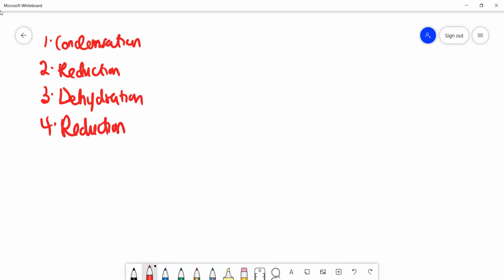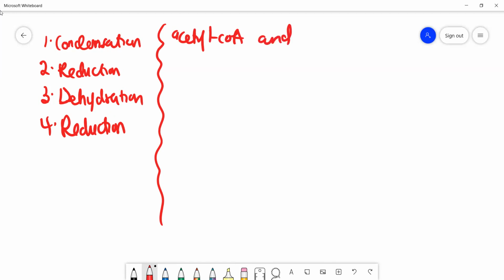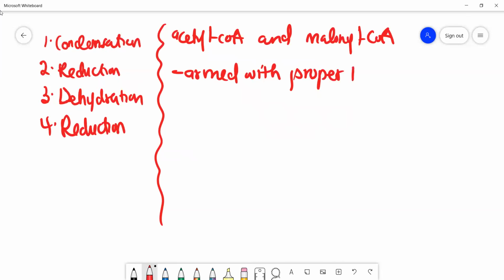It's however noteworthy that should the substrates acetyl CoA and malonyl CoA enter the synthetic pathway, they need to be armed with proper thioester. So that's where the molecule ACP comes in.